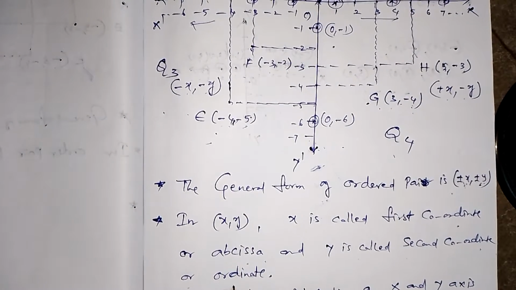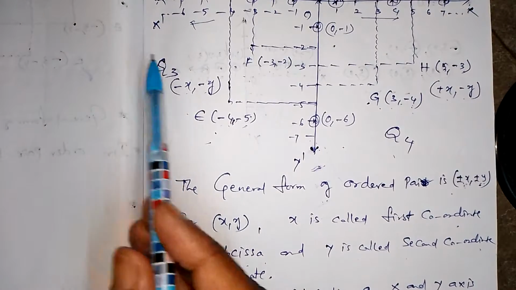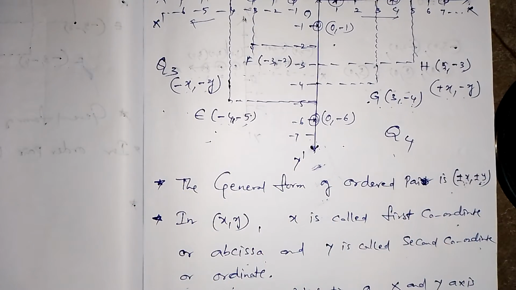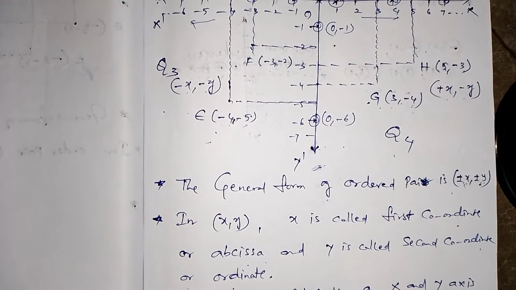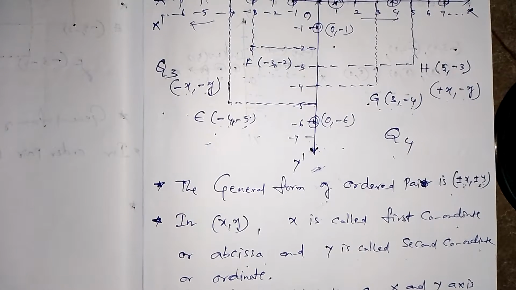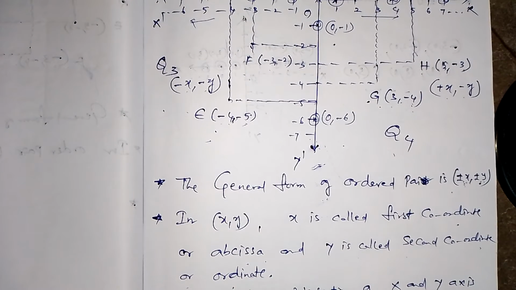I hope you understand. When you draw any two perpendicular lines in a plane, that plane becomes the Cartesian plane, and where the two lines intersect is the origin. Each point on the Cartesian plane is represented as an ordered pair.